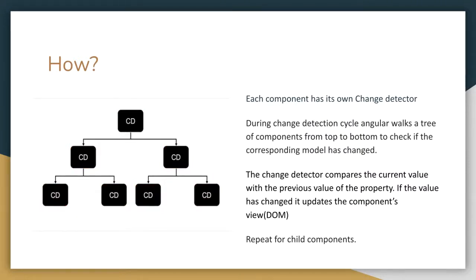In the GIF you'll see the event is triggered in the bottom rightmost component, but the whole change detection is triggered from top to bottom for each of the components. The change happened here, but all the components in the tree are checked to see if any change happened and if the HTML needs to be updated again. So it starts from the root component and is triggered down to the child components.